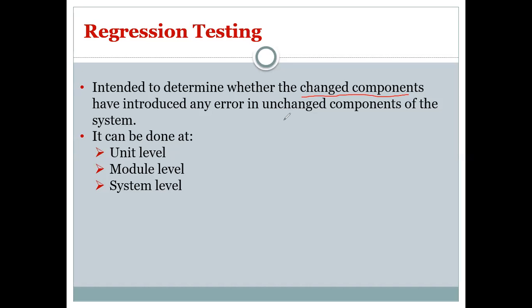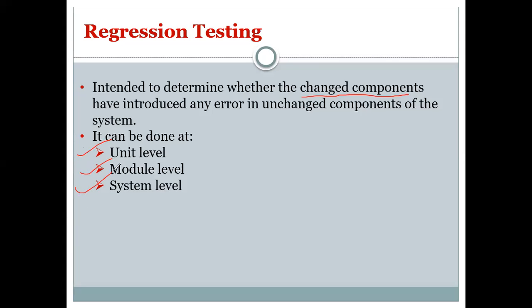Okay, so this is nothing but regression testing. Any changes made, are they hampering the performance of other modules related to that particular module or not? So that is nothing but regression testing. It can be done at unit level, module level, and system level. At unit level, it means for which particular part of that software has been changed, you are going to test that at unit level.